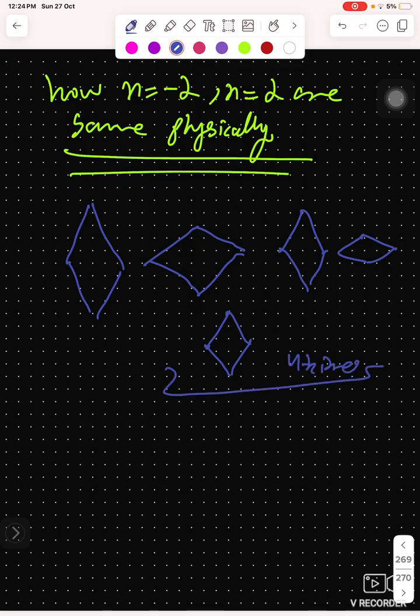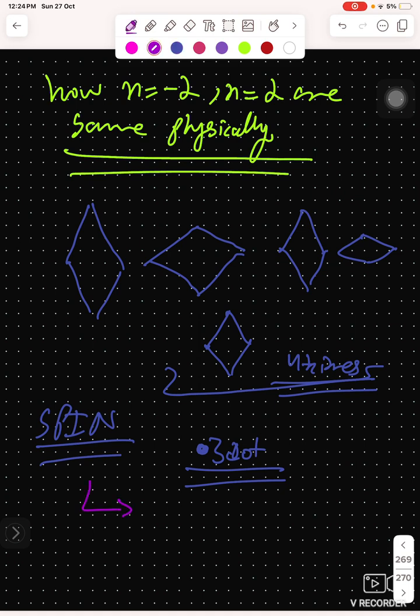Okay. So in quantum mechanics, there is something known as the spin of a particle. Here the particle is treated as a dot. So what is spin?